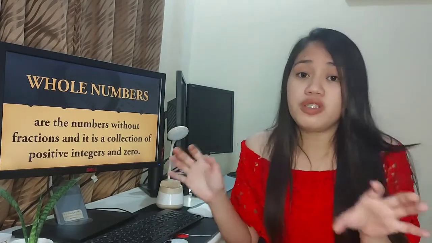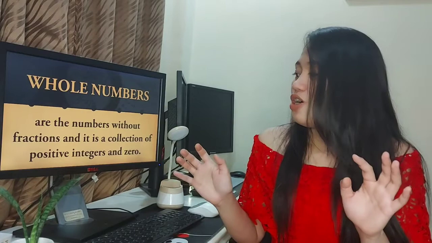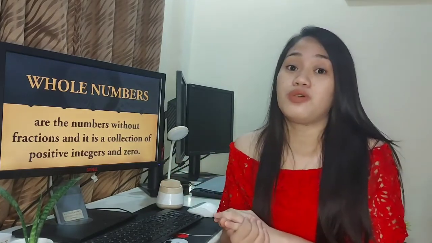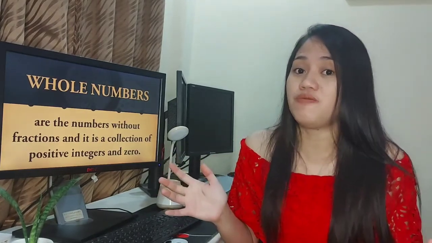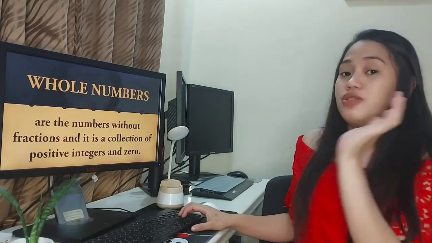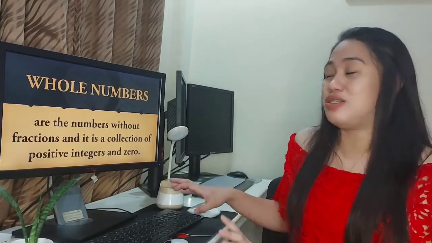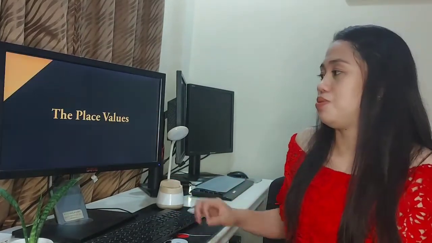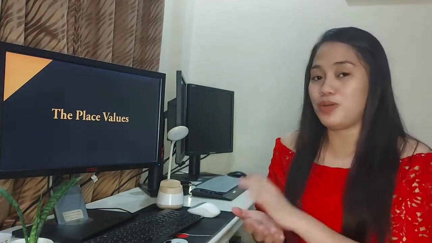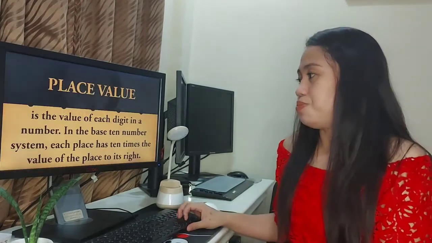But all are positive numbers and all are whole numbers, of course, so there is no fractions involved. So that's the main difference. Zero is the main difference between the two.